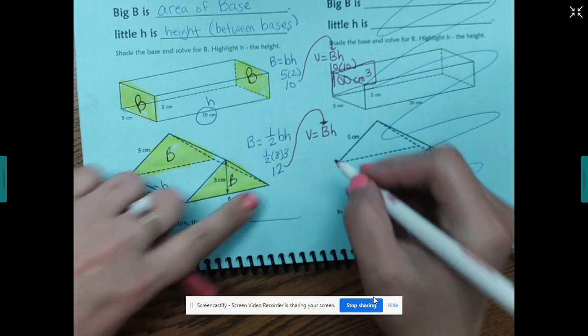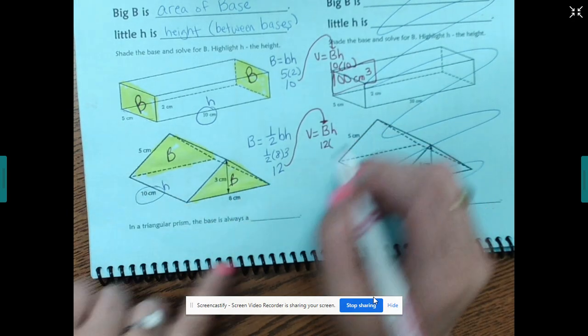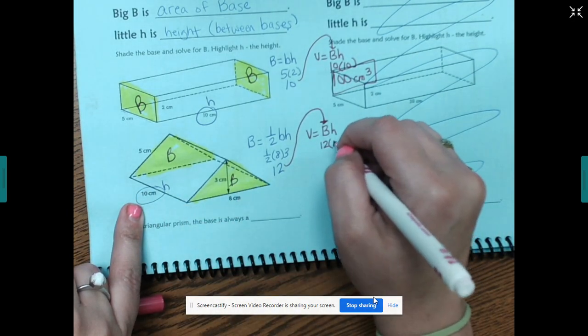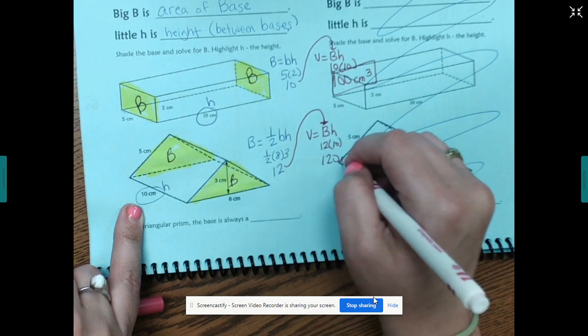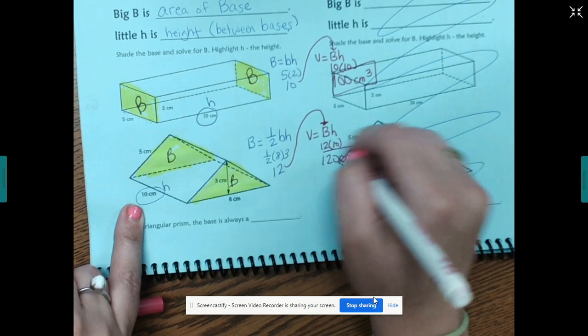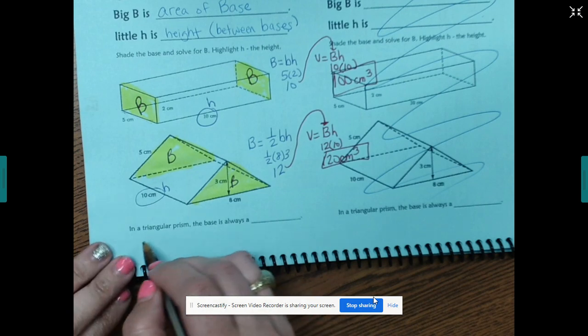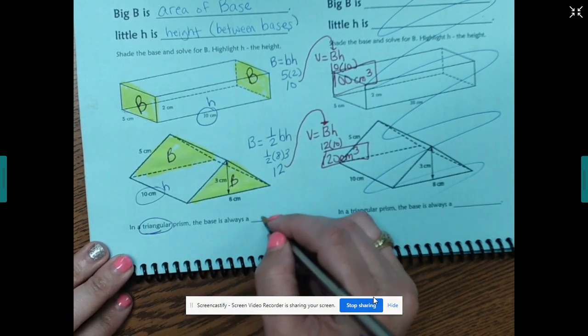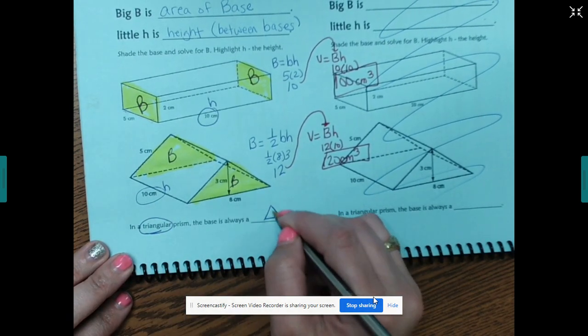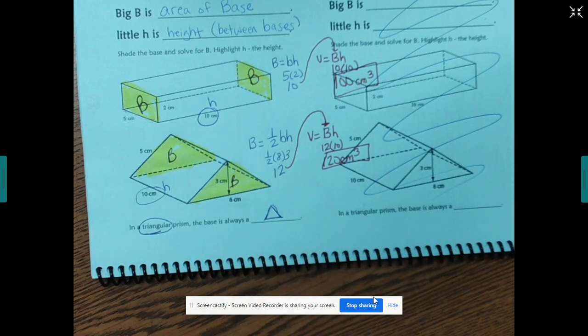So this is 12 times my height, which is 10. 12 times 10 is 120 centimeters cubed. So that is my volume, 120 centimeters cubed. Now remember, if it's a triangular prism, the base is a triangle, which means don't forget that 1/2. Give you a second to catch up.